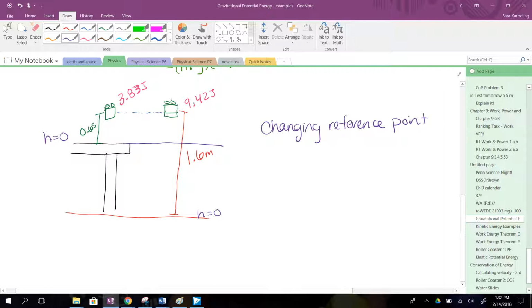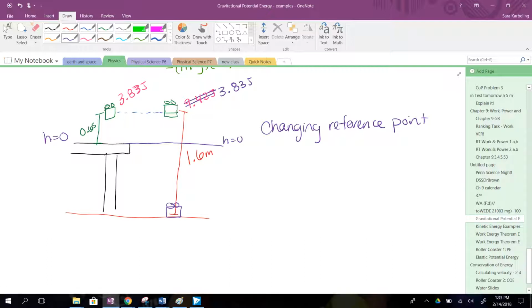So this is an alternate reality. I would say the energy here is still 3.83 joules, and the height is still equal to 0 here. And then what would we say about its energy down here? Negative. It would have negative potential energy relative to that 0 point. If it has positive potential energy above, it has negative potential energy down below.